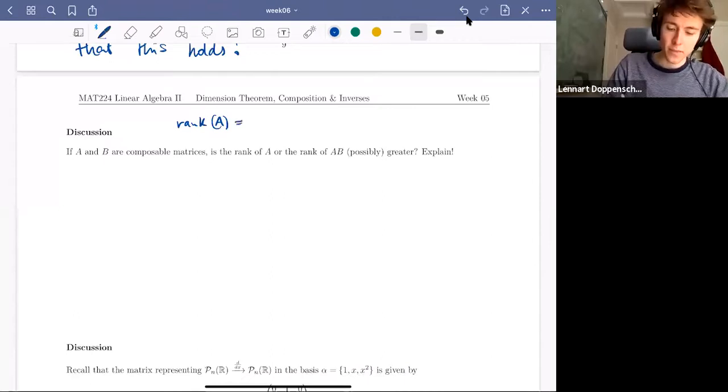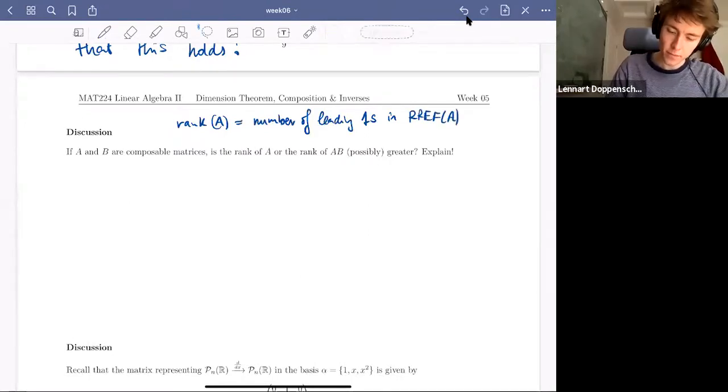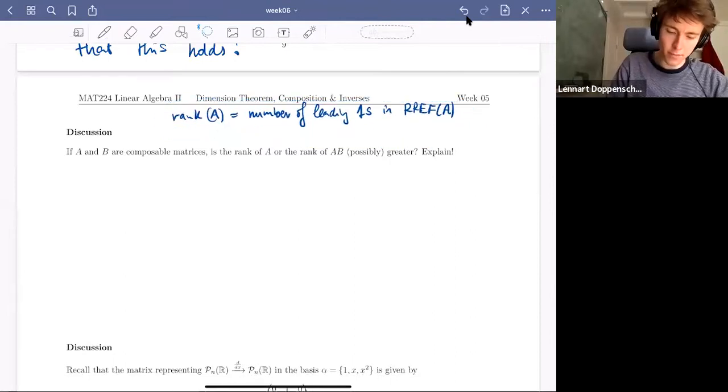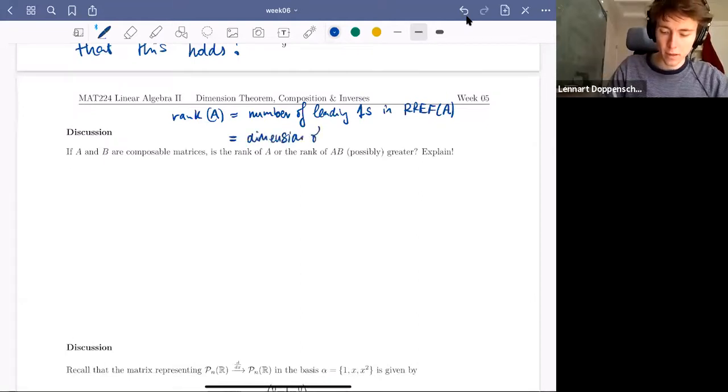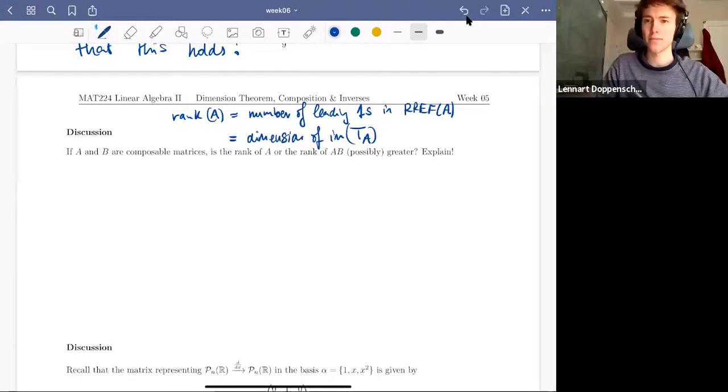So the rank of A is equal to the number of leading ones in the reduced row echelon form of A. And this turns out to be the same, and I guess this is not obvious, but we would have to prove this, as the dimension of the image of the transformation given by A. So I'm just going to give you this as a refresher.